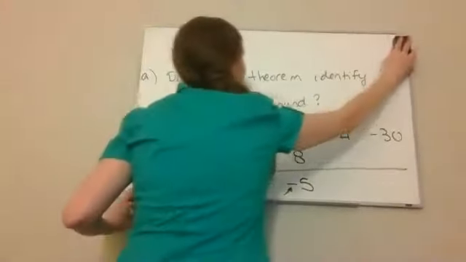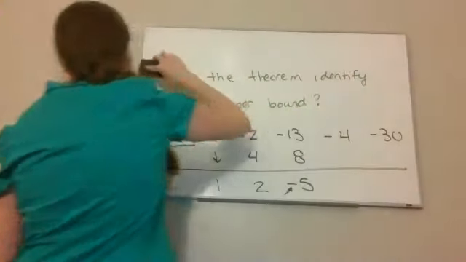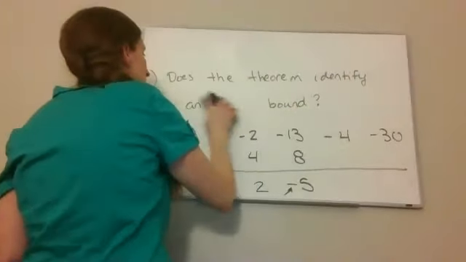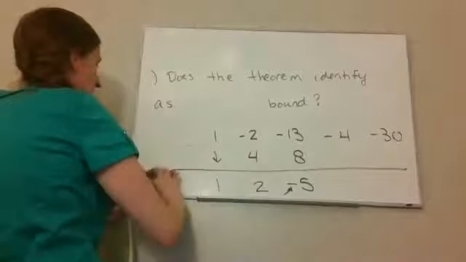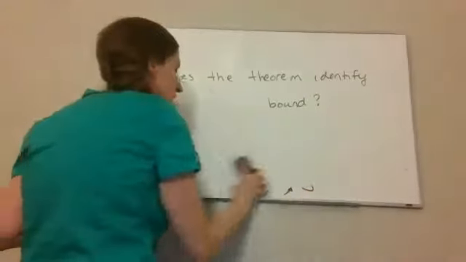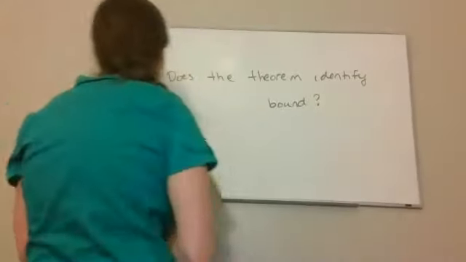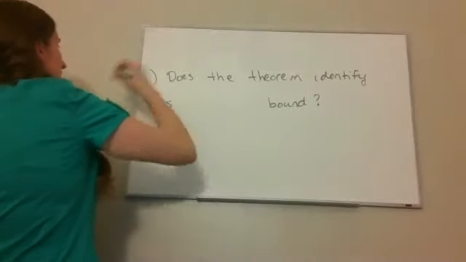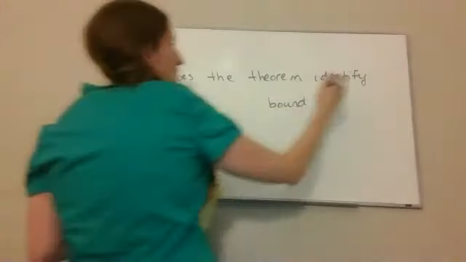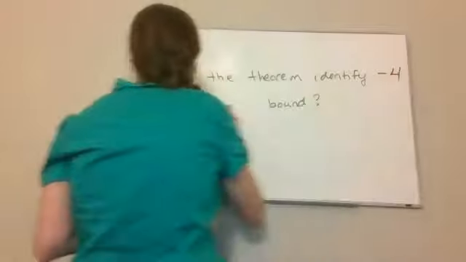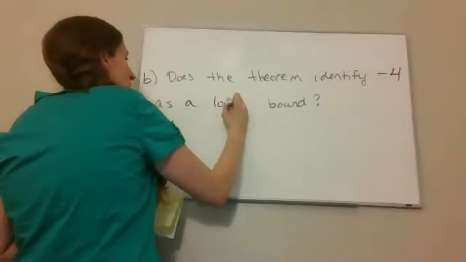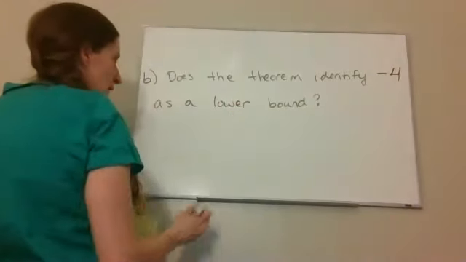Part B. Does the theorem identify negative 4 as a lower bound for our real zeros?